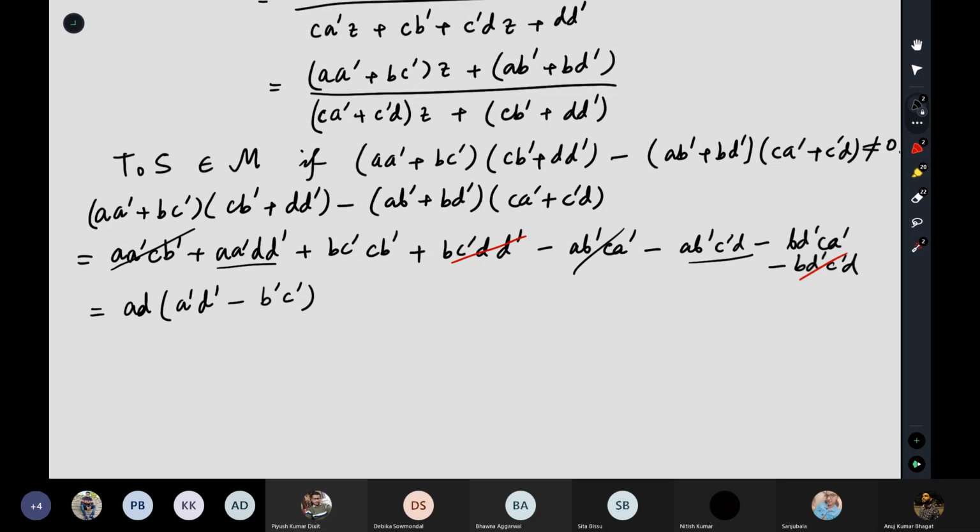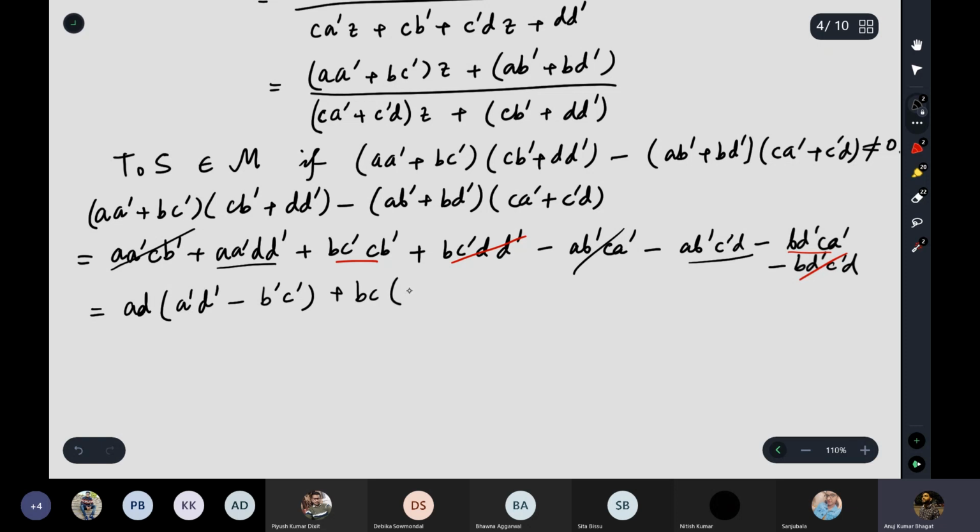Am I right? Yes. And from these two terms, if I take BC as common, I'll get B'C' minus A'D'.